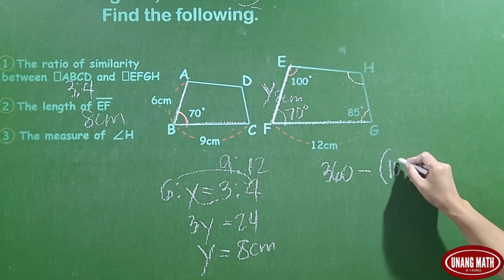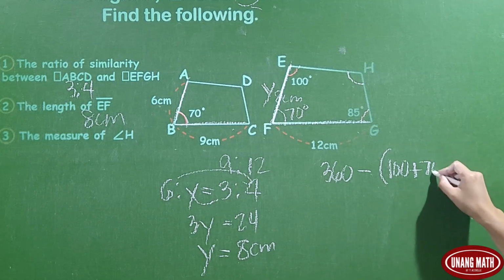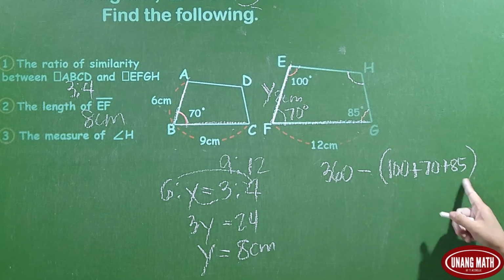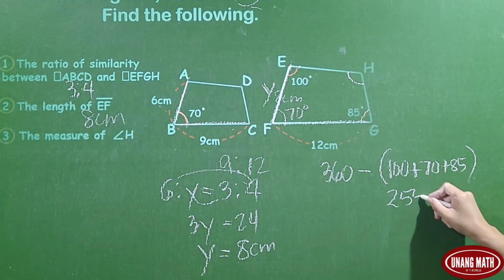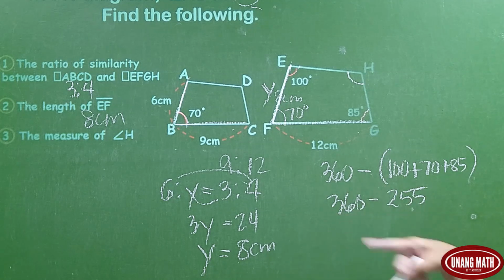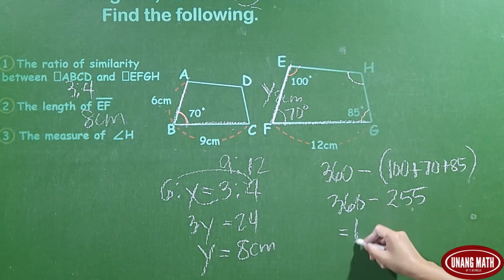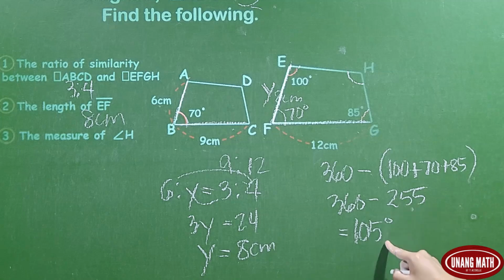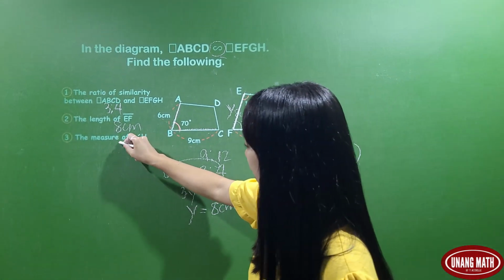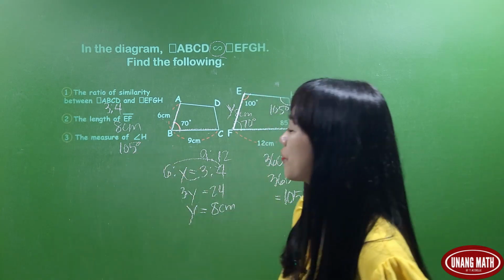If we add these three numbers, it's equal to 255. So we subtract 255 from 360 degrees. It's going to be 105. So this is now 105 degrees. So the measure of angle H is 105 degrees.